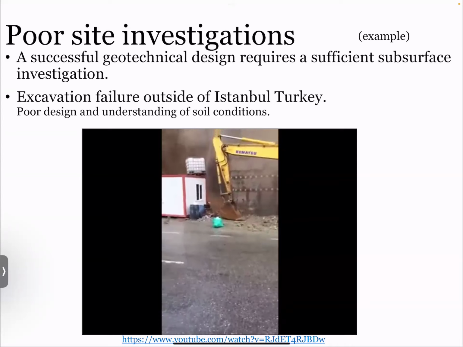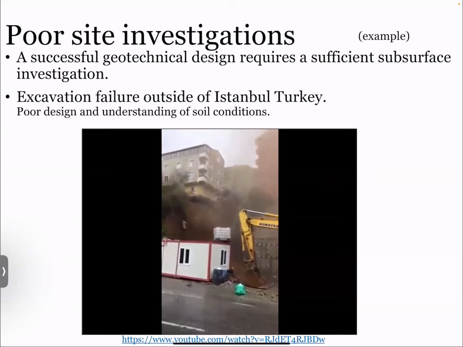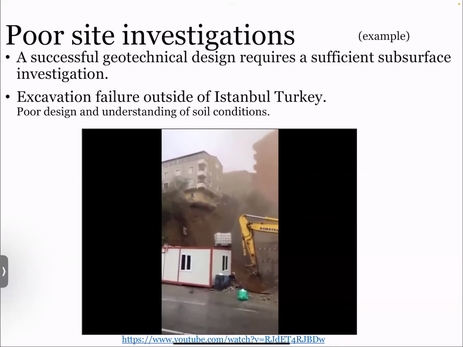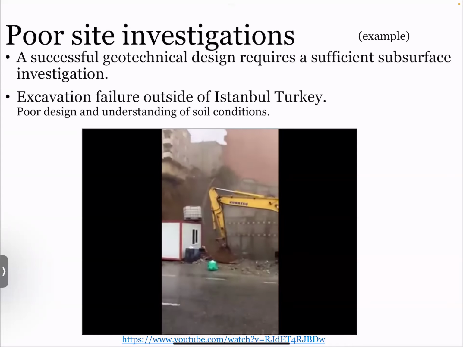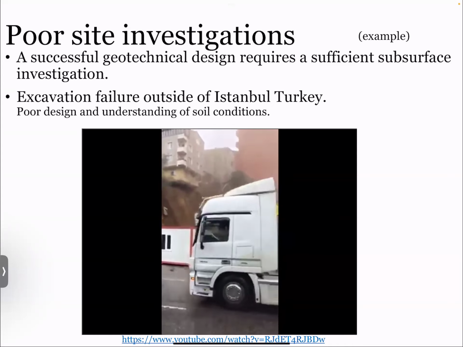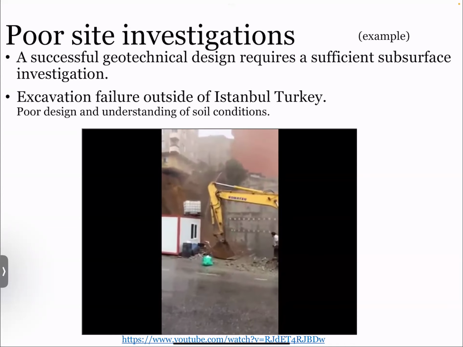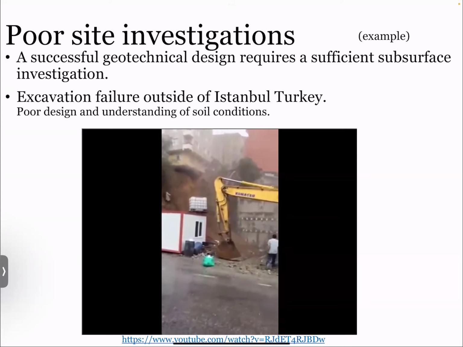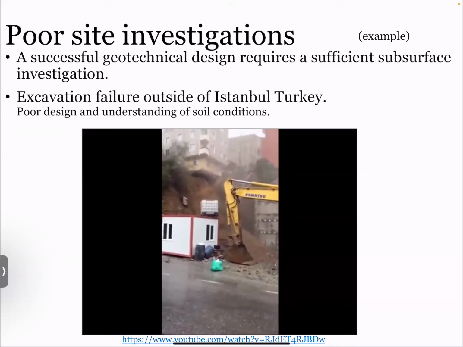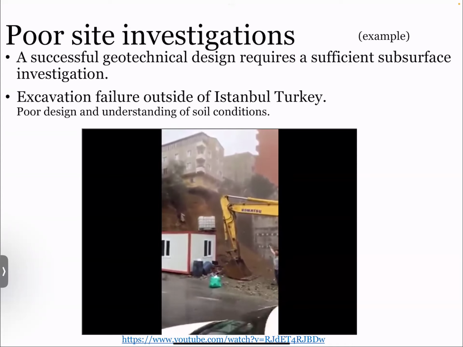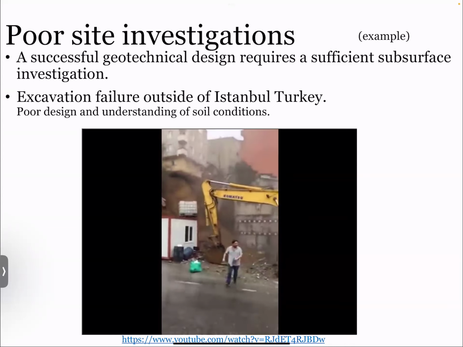Everyone got out, but I'm sure the people who own that house up there are not happy. This could have been a construction issue, it could have been a design issue, but as geotechnical engineers, the first thing we look at if this disaster happens is the initial subsurface investigation report, because that's where this all starts.